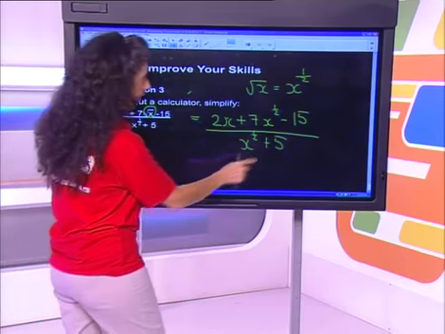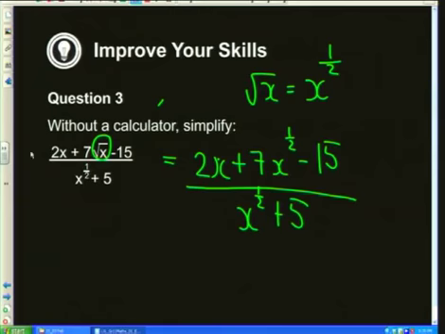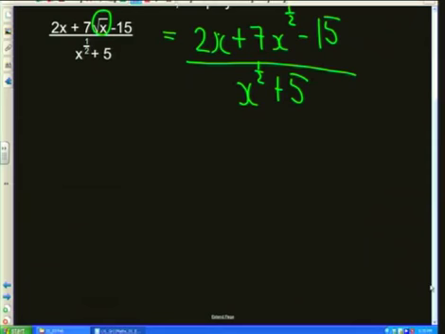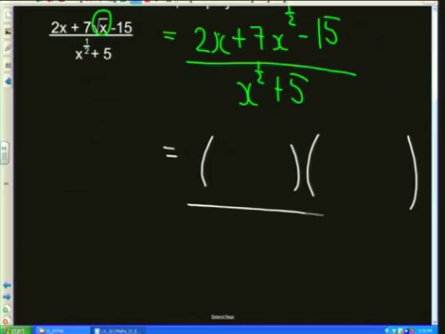So this numerator over here must be able to be written as the product of factors, one of which must be x to the half plus 5. It makes sense that that factor should be there. Otherwise, it's not possible to divide.